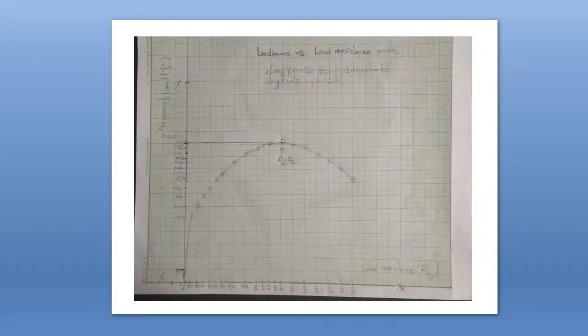Okay, I hope everyone understands the procedure or steps involved in this experiment and why the maximum value of efficiency is equal to 1 and for load power it is not equal to 1. I hope everyone understands the reason behind this.